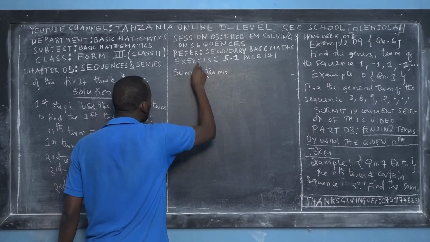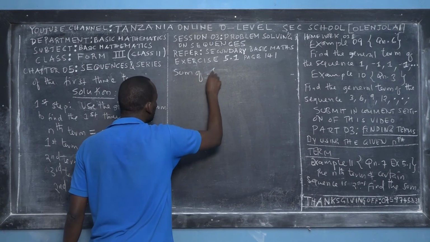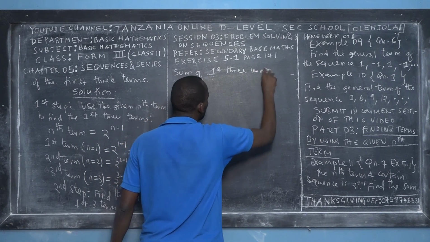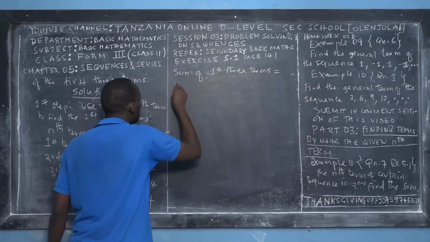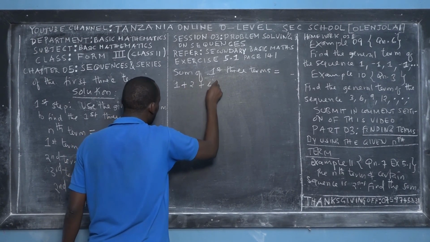So the sum of the first 3 terms: the first one is 1, the second one is 2, and the third one is 4.